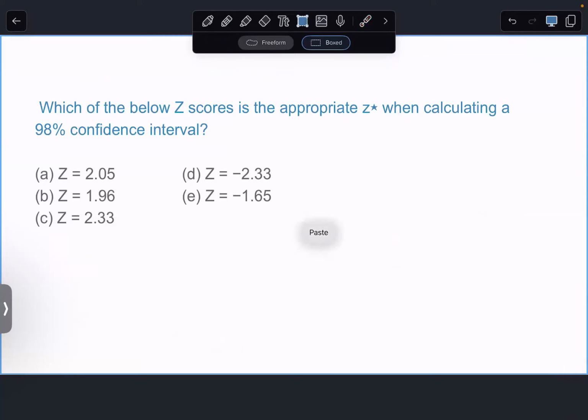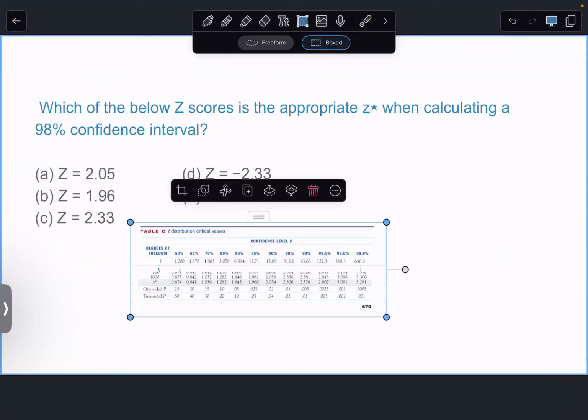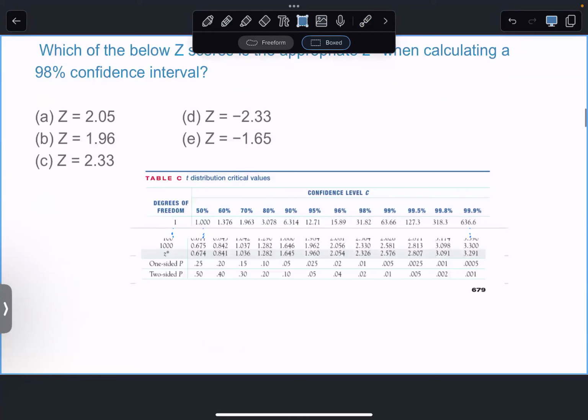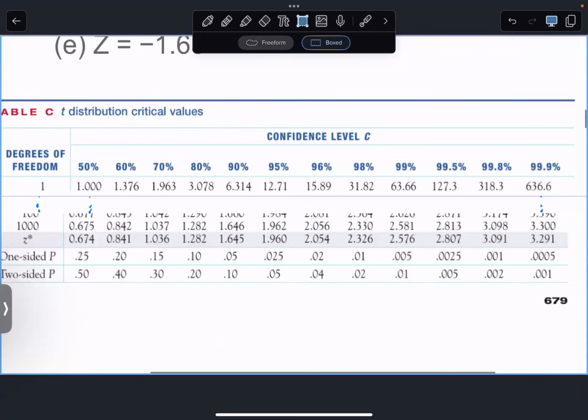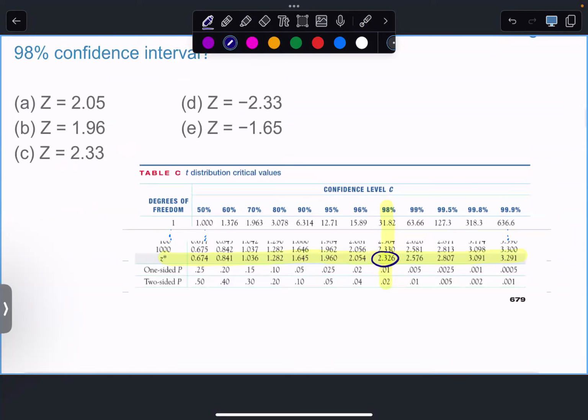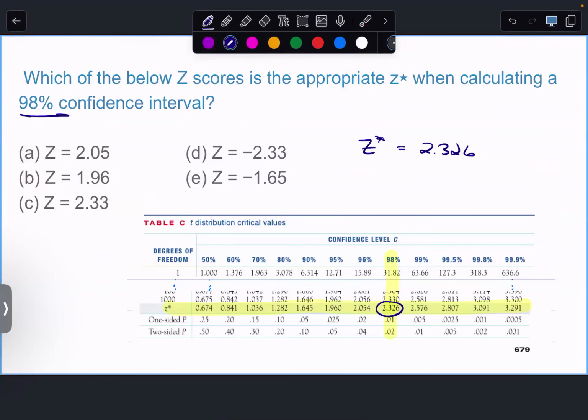How about this? They've only got 2 decimal places, but that's okay. If we want to make a 98% confidence interval, and I'm only going to make you do confidence intervals that are on here, so 98%, then I want a Z star of 2.326 for a 98% confidence interval.